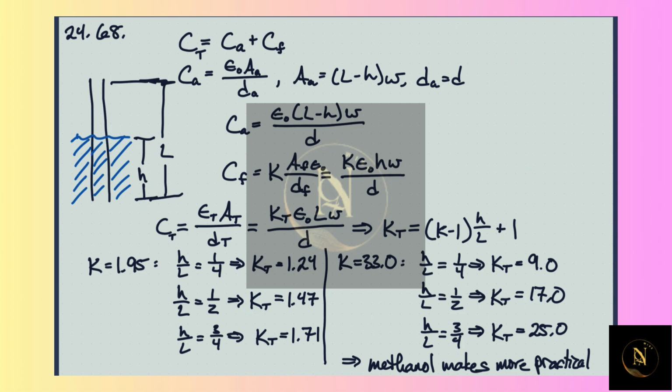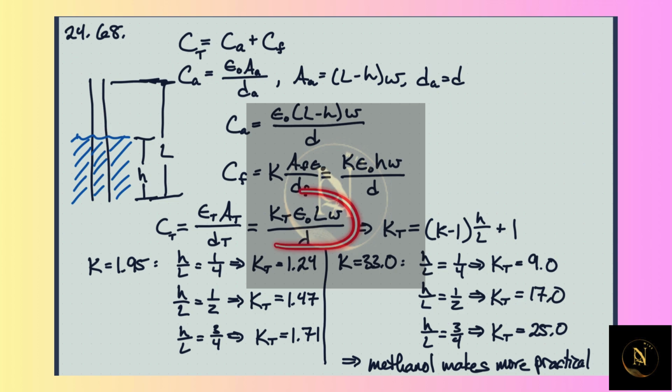Now if we look at the total capacitance, that's the permittivity of whatever the net material is in here, the effective relative dielectric constant times the permittivity of free space, times the total area, and the distance is the same across everything.